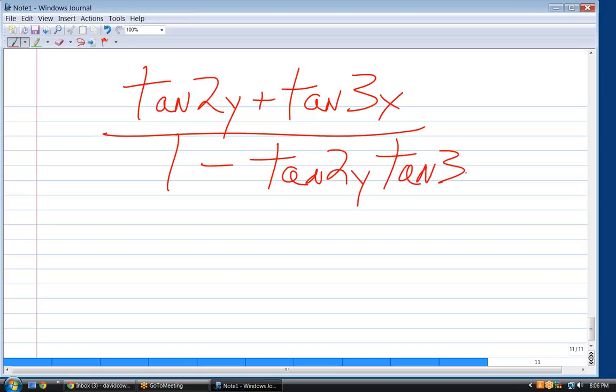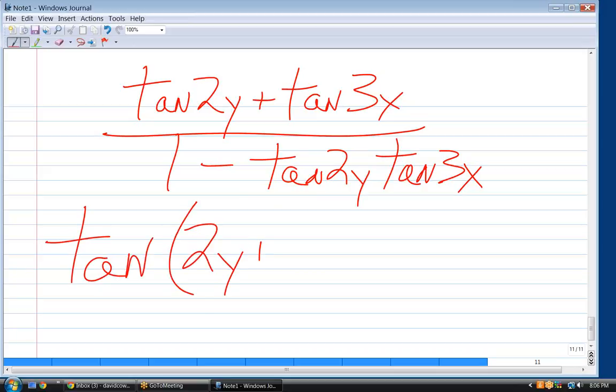I know what the rest of it is because that's all it can be. If this was anything other than this denominator, we can't reduce this to a single function. So what's this equal to? Tangent 2y plus 3x. That's it.